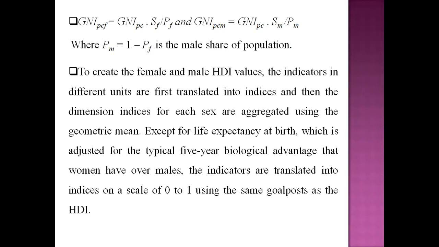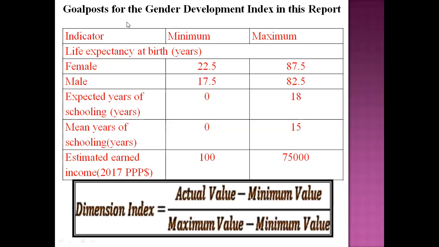So the indicators are translated into index on a scale of 0 to 1 using the same goalposts of the HDI we have already discussed in the previous classes. So the goalpost for the Gender Development Index, for the indicator life expectancy at birth: you can see that female minimum life expectancy at birth is 22.5 years, whereas the maximum is 87.5 years, and male is 17.5 years minimum.